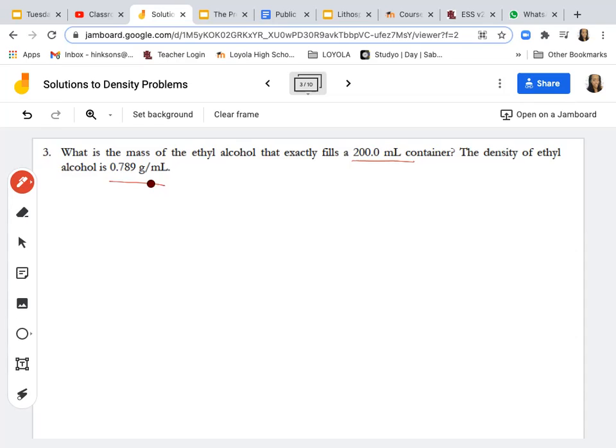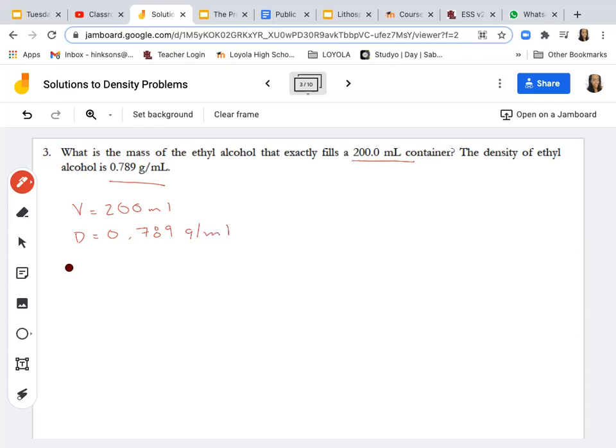So your volume is 200 milliliters. Cool. And then your density is 0.789, then your unknown is the mass.